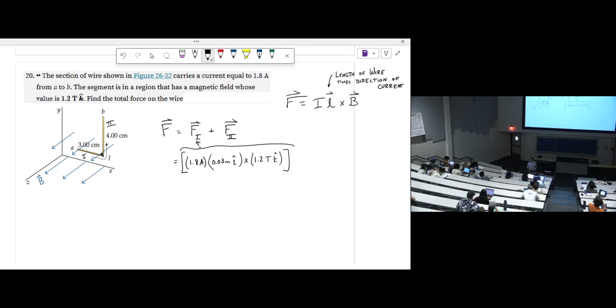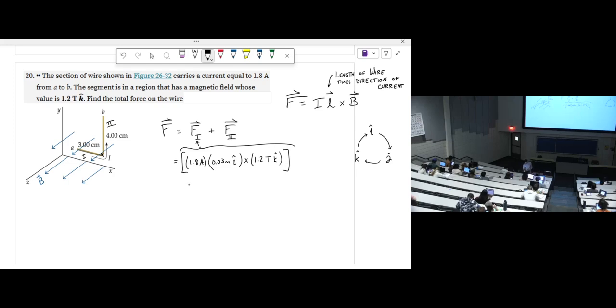In what direction do you expect this force to be? Negative j. Yes, this will be a negative j. A good thing to write down is i crossed into j is k hat, j crossed into k is i hat, and k crossed into i is j. But we have i crossed into k, so that's going to be minus j for that component.